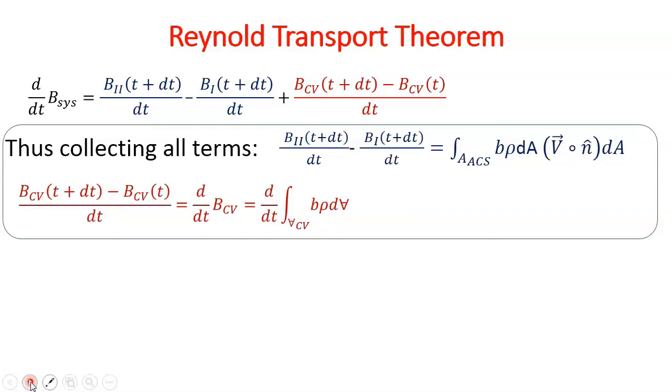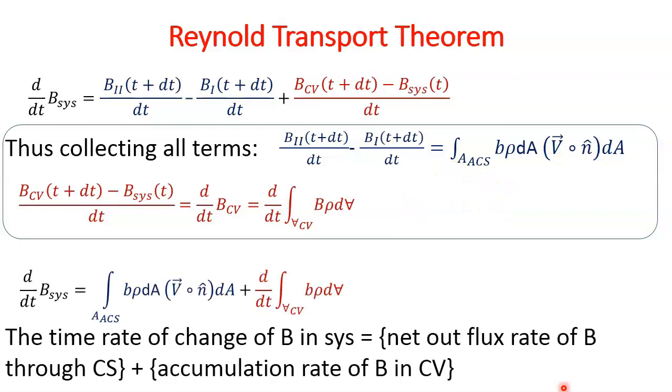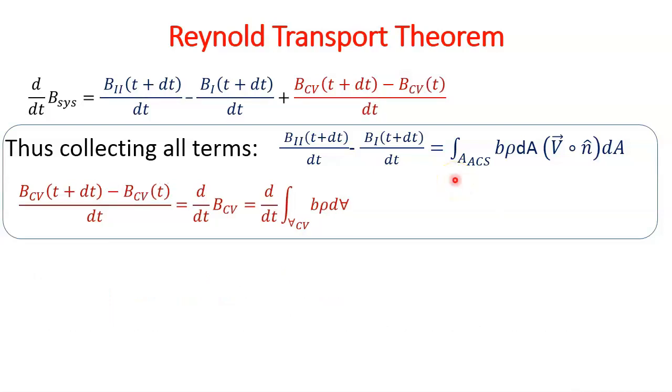B2 upon dt minus B1 upon dt at the later time is equal to the integration over the closed surface, which is the control surface in fact, operated on b rho V bar dot n cap dA, and the last term in the previous equation, d dt of B CV, is equal to d dt of the integration over the control volume of b rho dV.